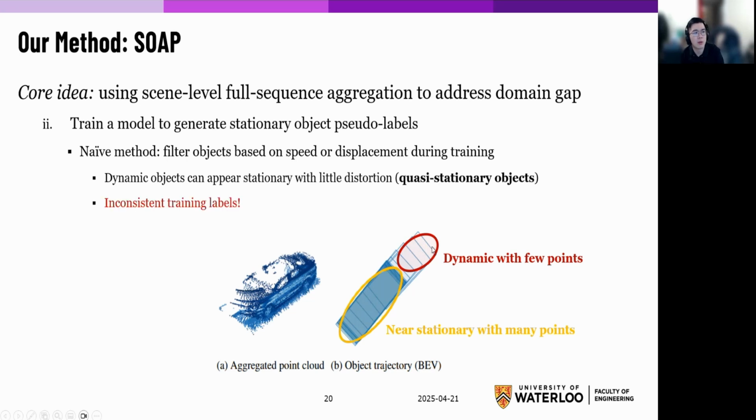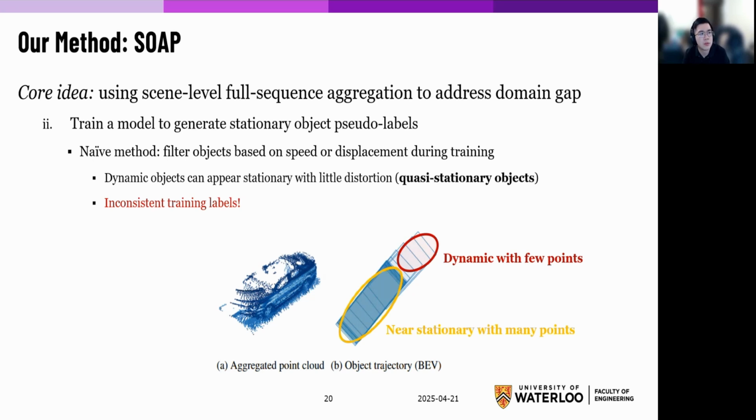And this causes a problem with the training labels because certain objects like this will not be labeled as stationary objects for us to predict, but some other actually stationary object that looks very similar to this will have positive labels. So then during training, the labels can be very inconsistent because of this.